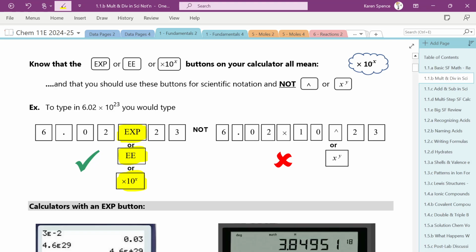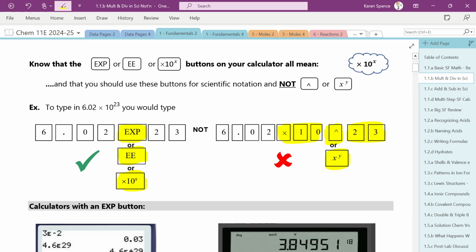About 3/4 of you. Okay, if you're not using it already, this is the button you want to use for scientific notation, okay? And you do not want to use times 10 to the power of 23 or with a little x to the y, okay?